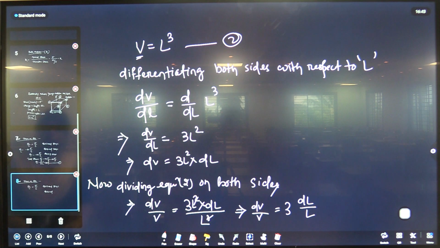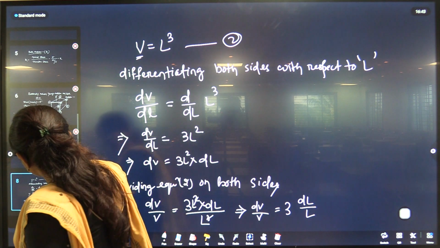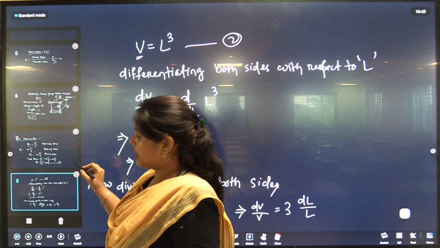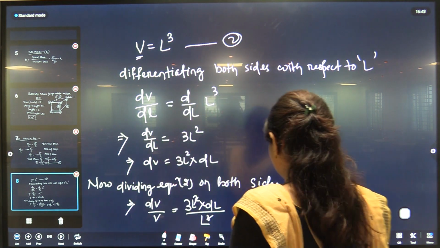Before, we have got that del L by L equals sigma by E in equation 1.